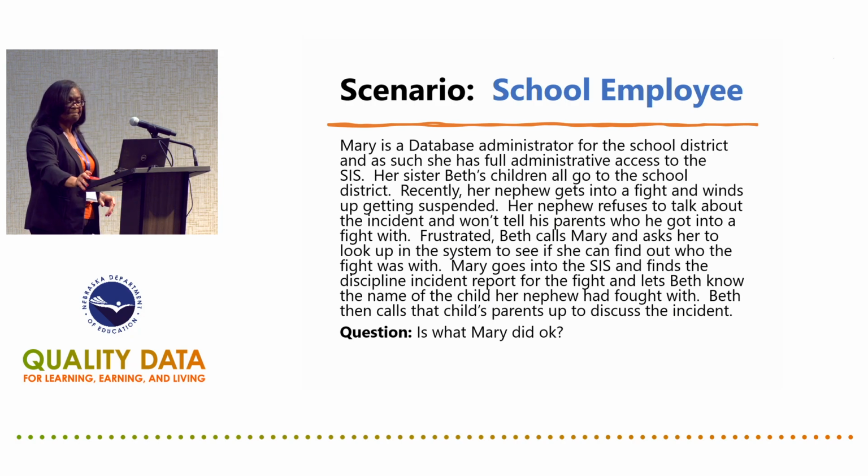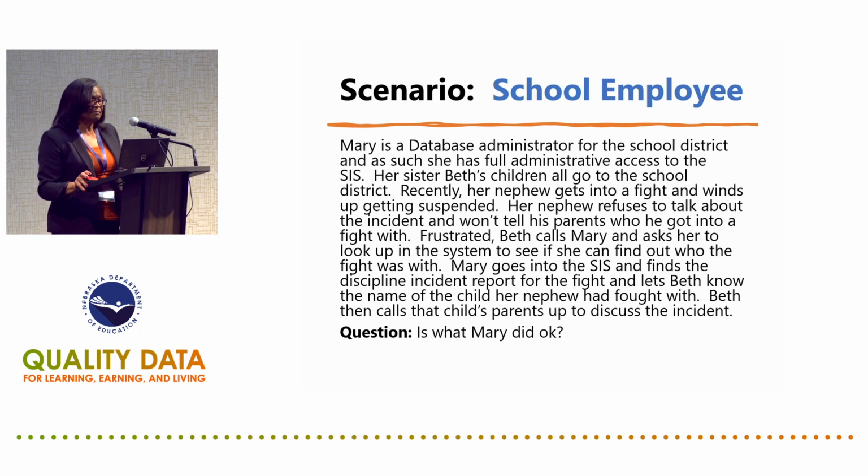School employee. Mary is a database administrator for the school district, and as such, she has full administrative access to the SIS. Her sister Beth's children all go to the school district. Recently, her nephew gets into a fight and winds up getting suspended. Her nephew refuses to talk about the incident and won't tell his parents who he got in the fight with. Frustrated, Beth calls Mary.